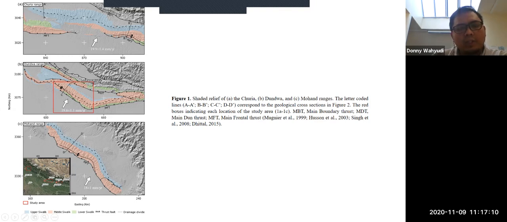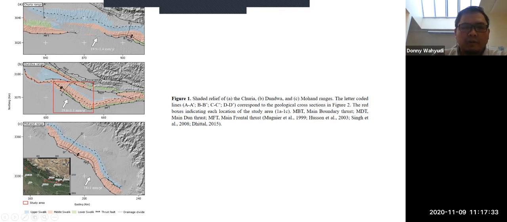And for the Dunwa Ridge, we're going to focus on this part only, because the arrangement of this range is perpendicular to the shortening direction, which is the same as in the Mohan range and the Churia range.